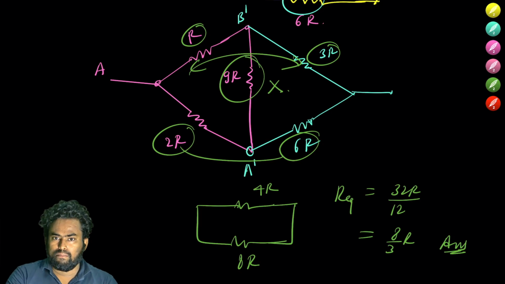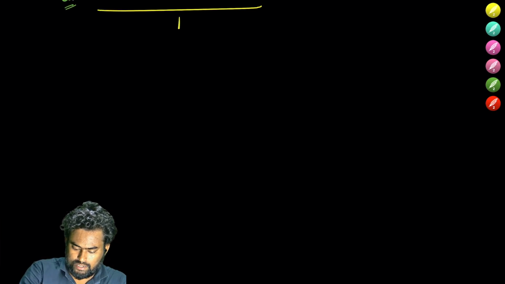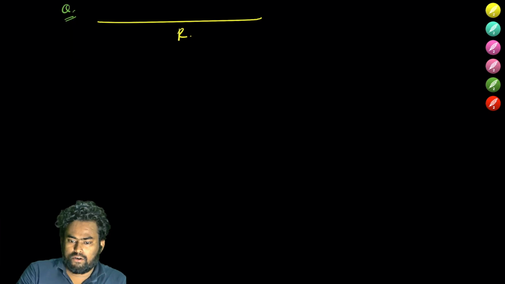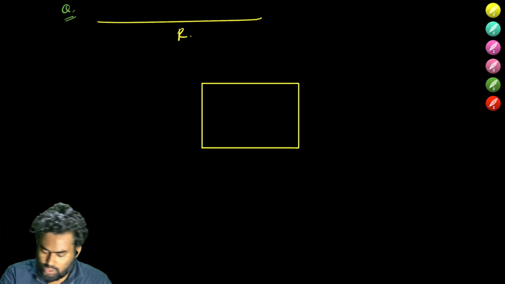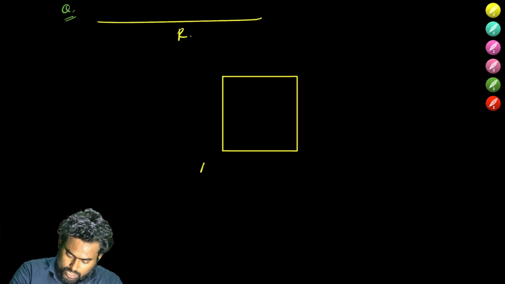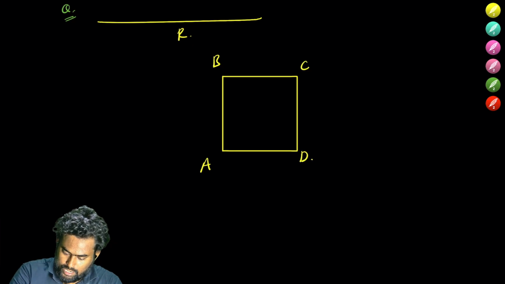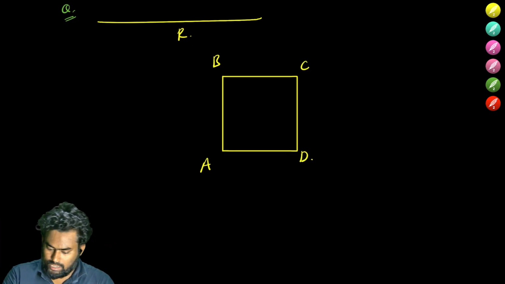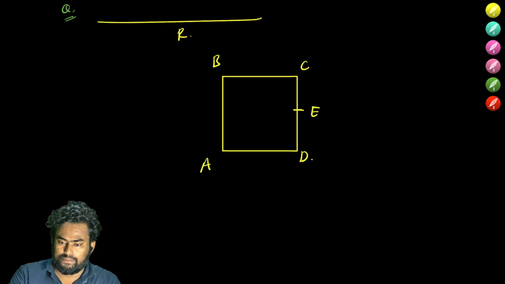Okay, moving forward to the next question. Let's see next. We have a wire of resistance R. We are bending it in a square, A, B, C, D. E is the midpoint of DC.